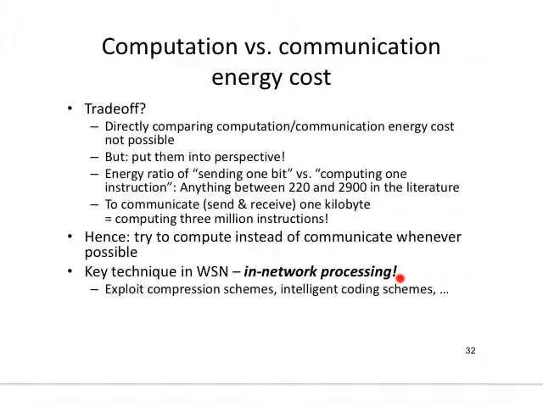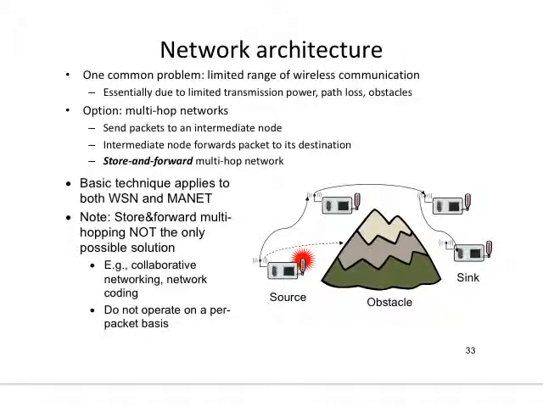So we should try to compute things within the network as much as possible, if that leads to the fact that we can reduce the amount of things that we communicate. Okay? So in-network processing itself has different forms, different mechanisms, different types, which we will discuss in a minute.